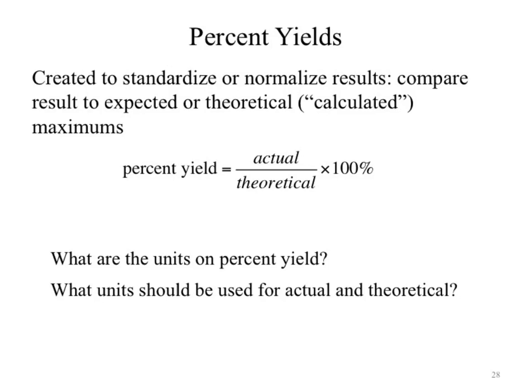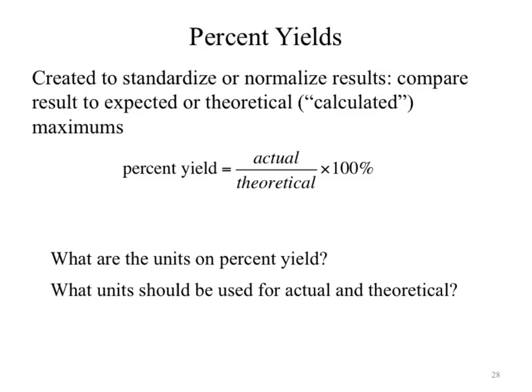What are your units on your percent yield? Kind of whatever you're massing in. If we measure out grams, your actual yield is in grams. Could we do a percent yield by taking grams and dividing it by moles?